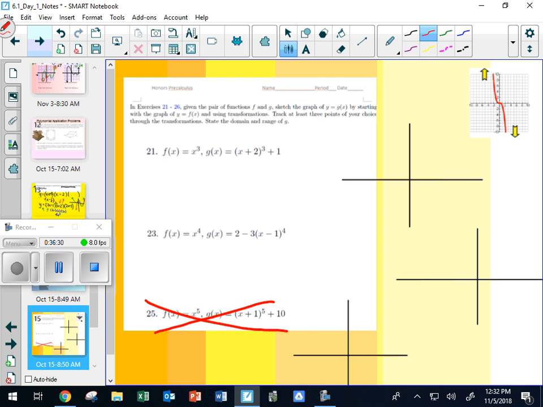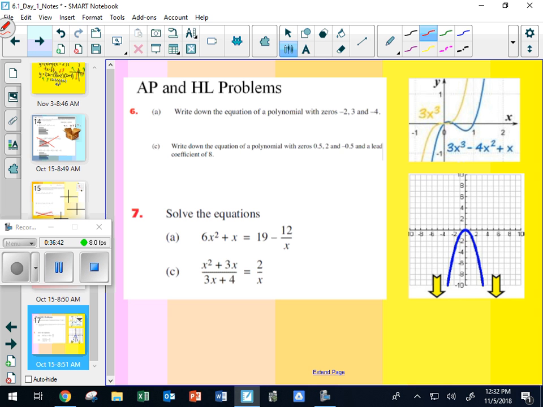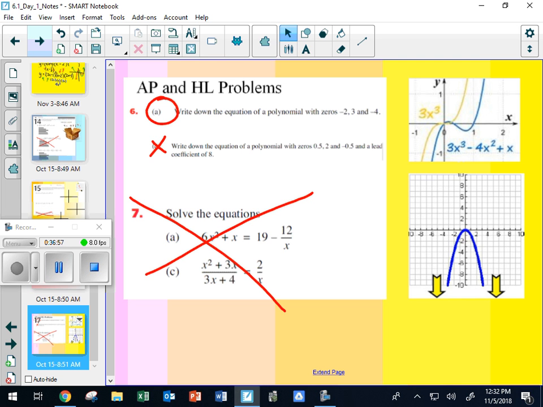I don't want you guys to have to do too much work. Let's skip this problem overall. All right, and then we already did C. That's the one we just did. So how about you try just A for 6? And then you don't have to do 7. Right?